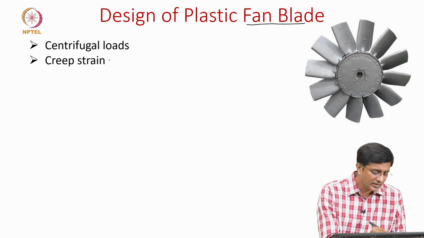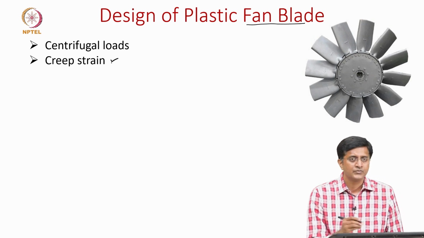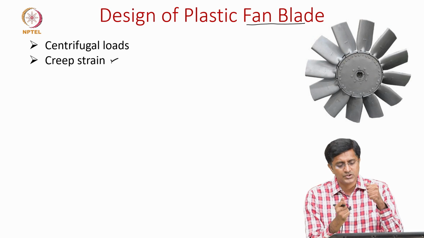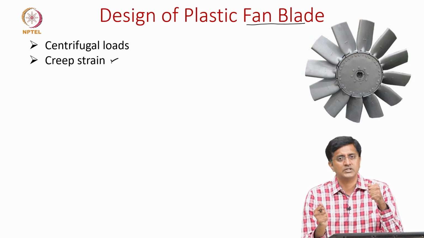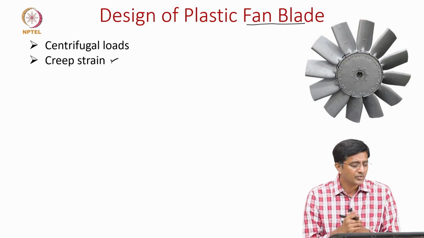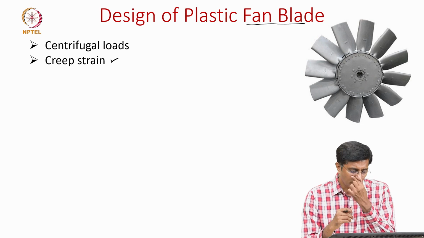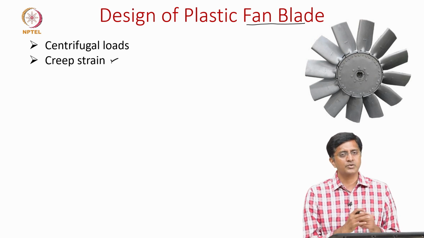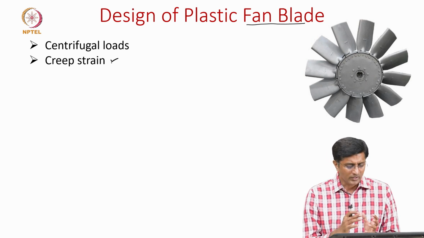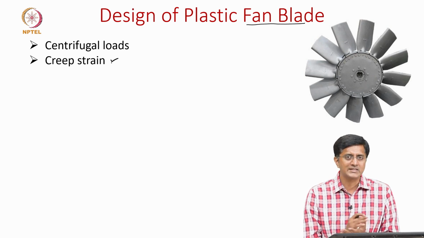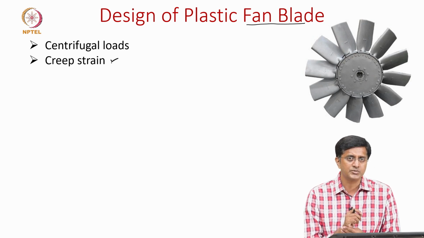So, what we are looking at is the creep strain. If you remember, creep strain is if you apply a load, the deformation changes with time. So, how do we find those creep strains is a question. Of course, by what we have discussed in the previous videos, one can apply the viscoelastic analysis and try to come up with the relations or equations to estimate these creep strains.